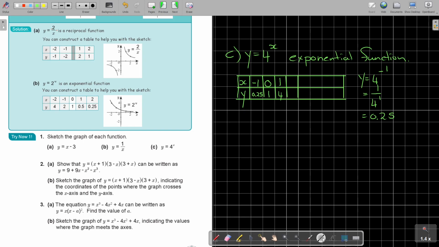And again, I make my table. I'm just going to use my yellow. Okay, and then I'm just going to sketch and make it -1.